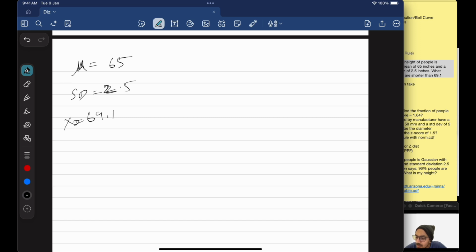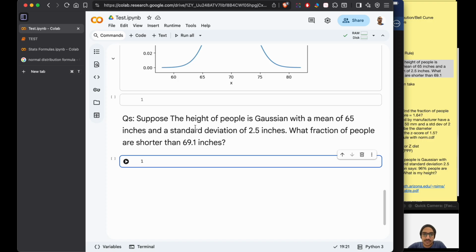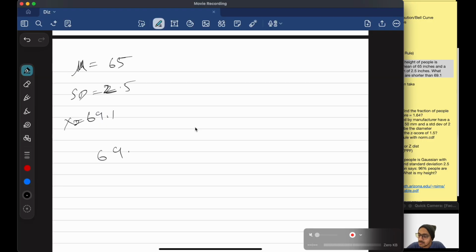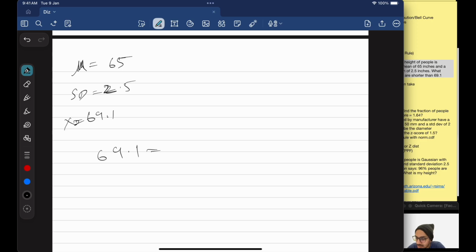So if you see the question, we can reframe this question as: what is the definition of standard deviation? How far away a data point is from the mean, right? So mean plus how many standard deviations away. Let's call the number of standard deviations z, just a variable.